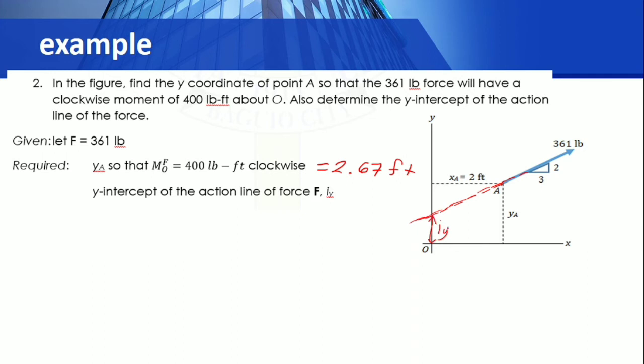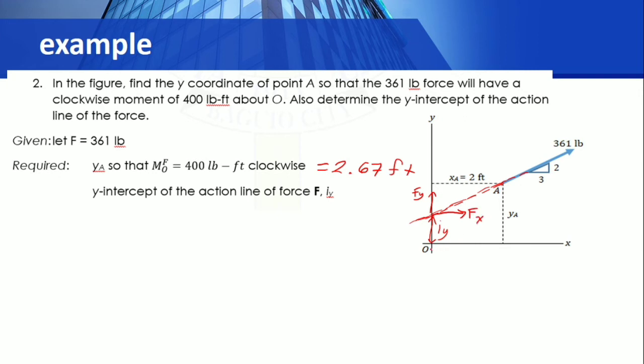So paano natin hahanapin yan? So magkakaroon tayo dito ng x and y component. So parang minove lang natin yung ating force, di ba? So nandito na yung ating Fy and nandito na rin yung ating Fx.